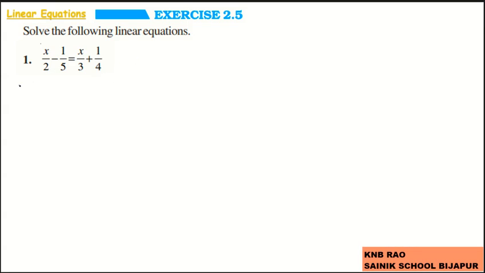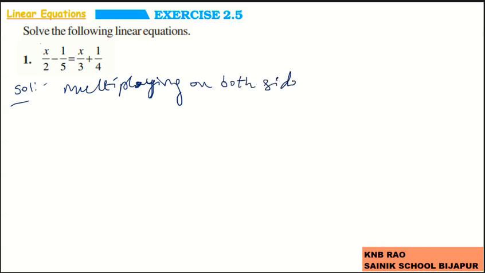So, for that we have to multiply both sides by the LCM of these denominators 2, 5, 3, 4.